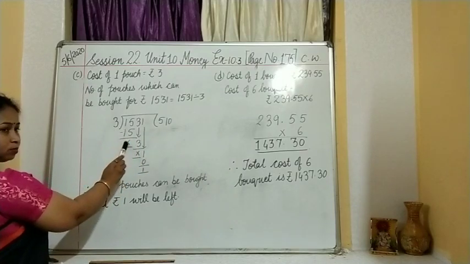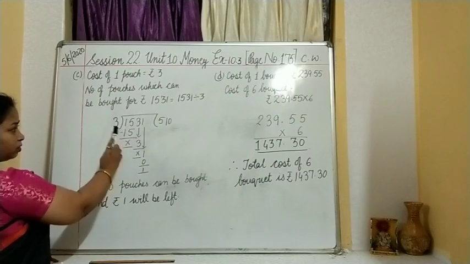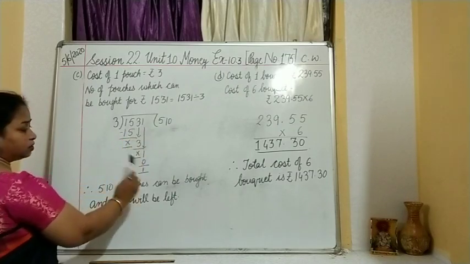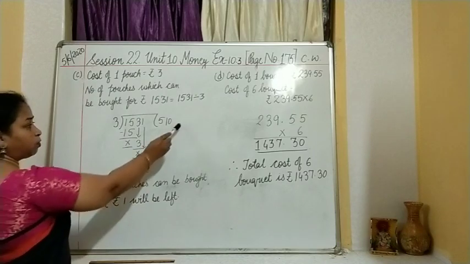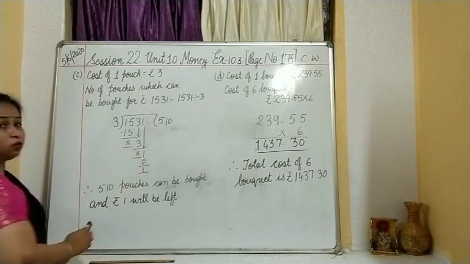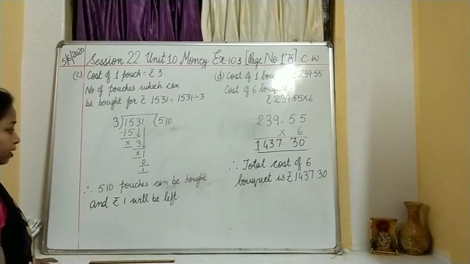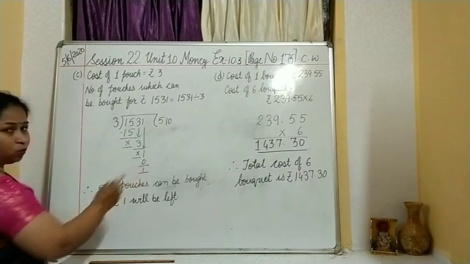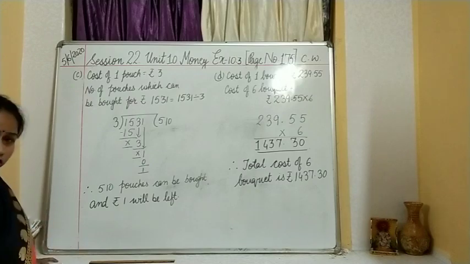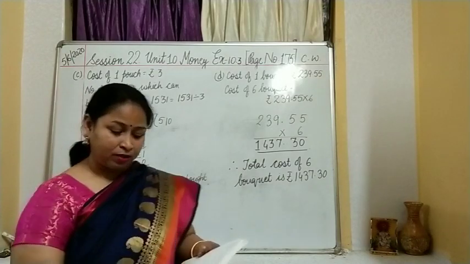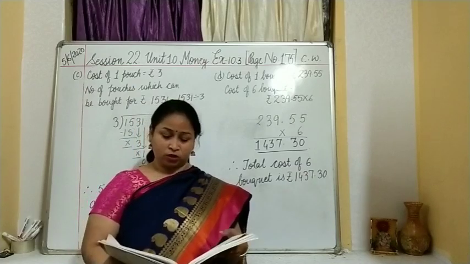So you get 3 over here, 3 1s are 3. Okay. And then this 1 is left. So how many pouches you are able to purchase? You are able to purchase 510 pouches. Okay. And what about this remainder 1 over here? So rupee 1 will be left for you. Okay. Now come to the next question.